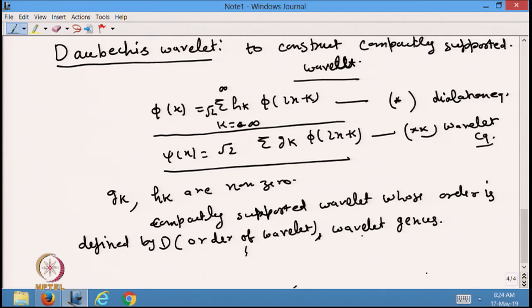Okay. So, we are defining phi x, and similarly psi x also we can write down. Here k is from minus infinity to infinity, but for a compactly supported wavelet we can write k is from 0 to D minus 1. So, D is the order of the wavelet.